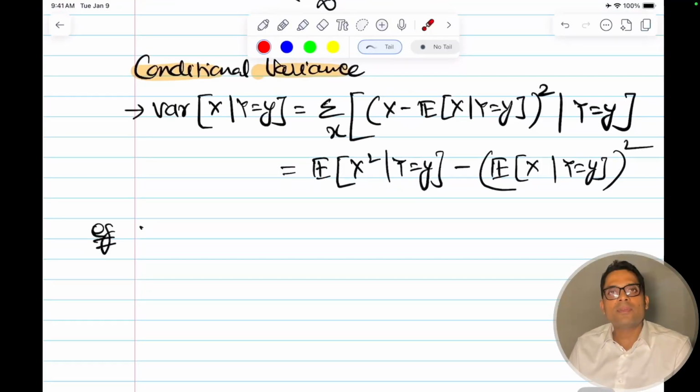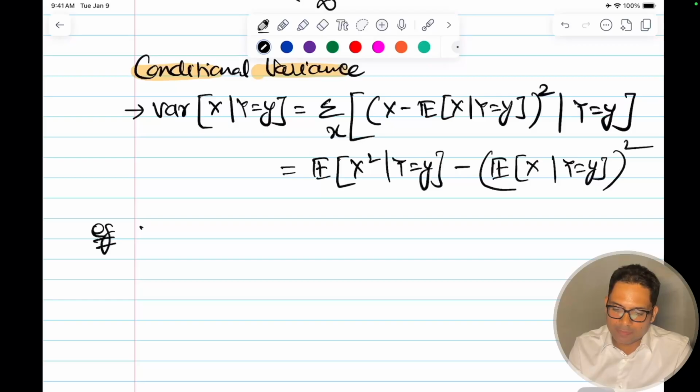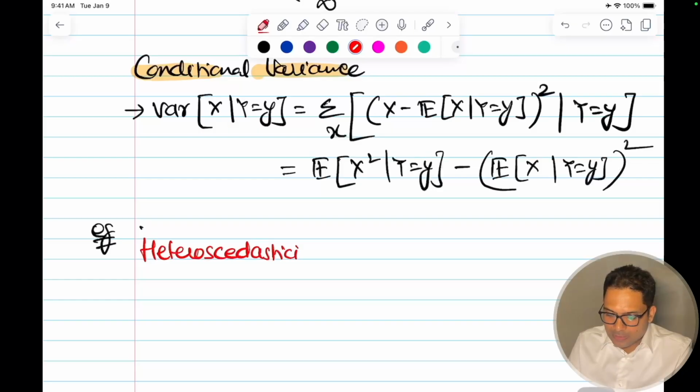There is a term that captures the example I have told you, called heteroscedasticity. This is the measure of changing variance.